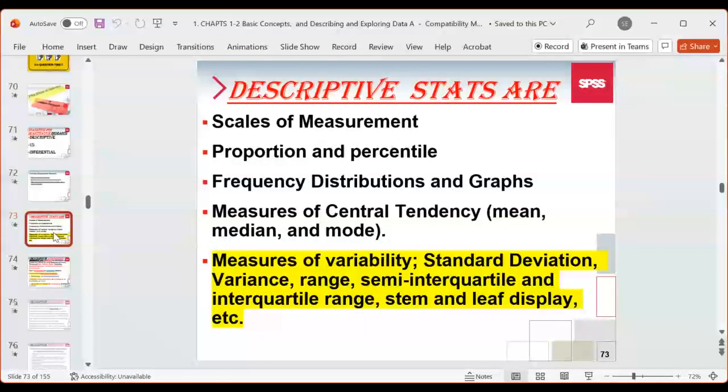All right, it's descriptive, describing something. What's the average height for AU doctoral students? All right. Frequency distribution, graphs, measures of central tendency, mean, median, mode, and measures of variability, standard deviation, variance, range. We're going to talk about all these this week and next week, and we get the descriptive statistics out of the way.